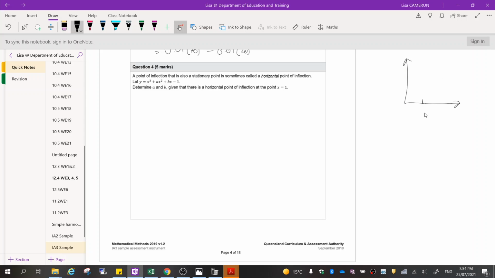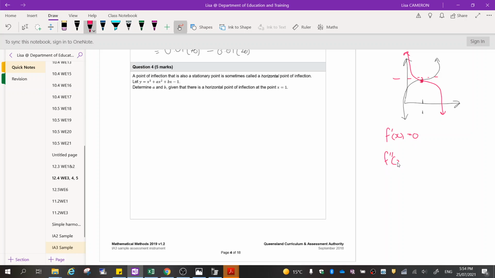There's a horizontal point of inflection at x equals 1. Let's just say here's the point there. This is going to either look like this, or it's going to look like this. Okay, but either way, at that point here, that is when our gradient is equal to 0.